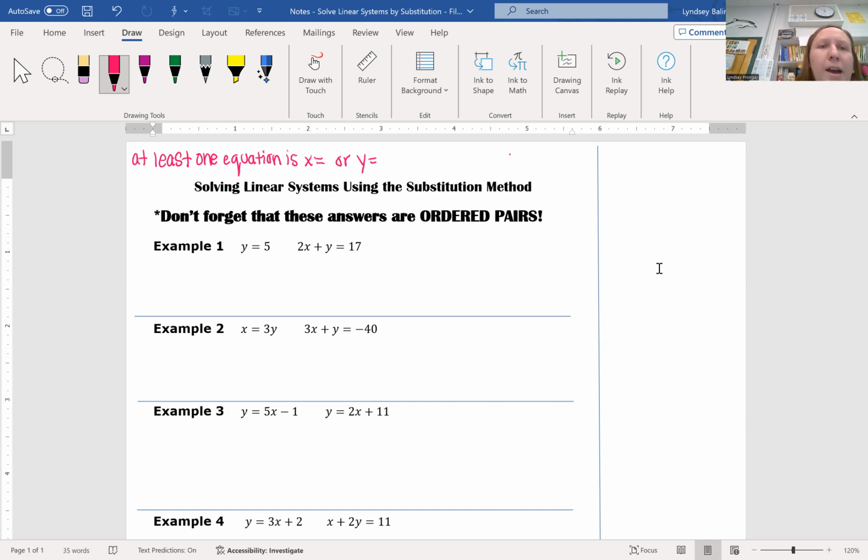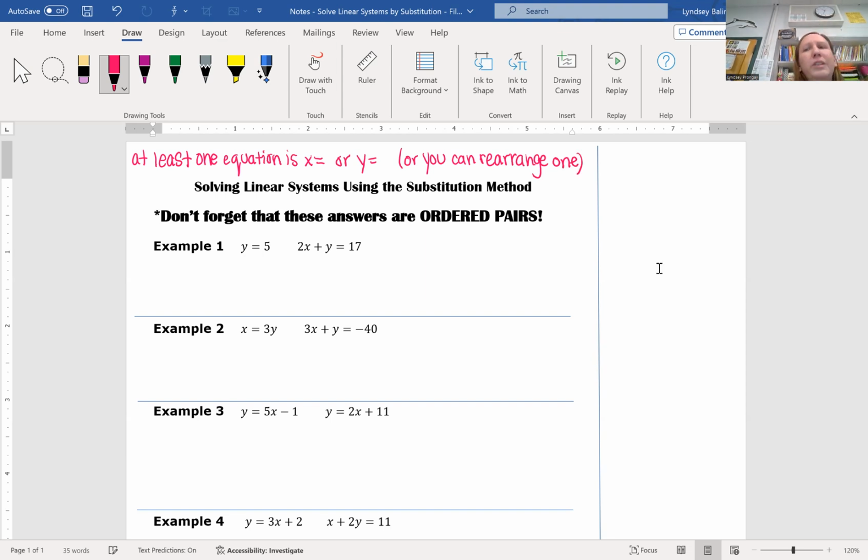Or if you don't have an equation that is x equals something or y equals something, you may be able to rearrange one of your equations pretty easily to make it look like x equals or y equals something. So I'm going to say, or you can rearrange one.